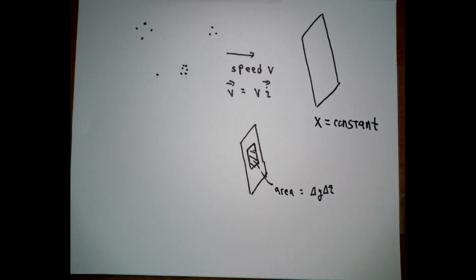I'm going to think about the amount of volume that passes through that square or rectangle in an amount of time delta t. The particles are moving with speed v, so the distance they travel in an amount of time delta t will just be v times delta t.